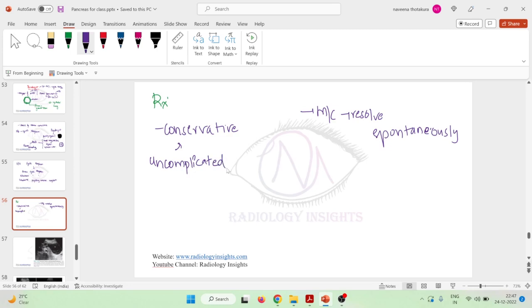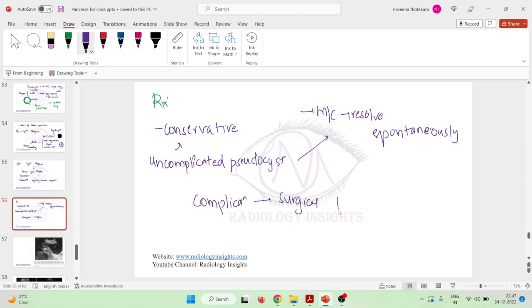In uncomplicated pseudocysts, we can do conservative management. If there is any complication, then we have to do surgical drainage.